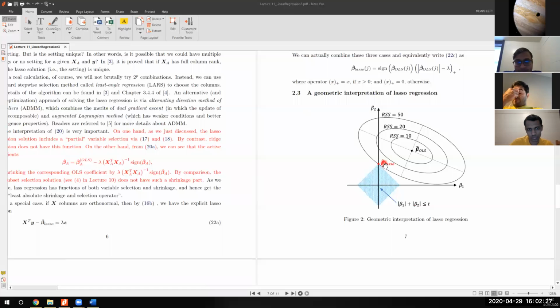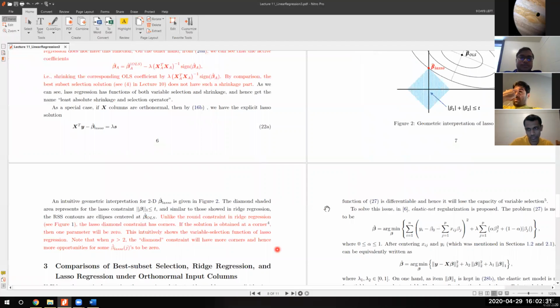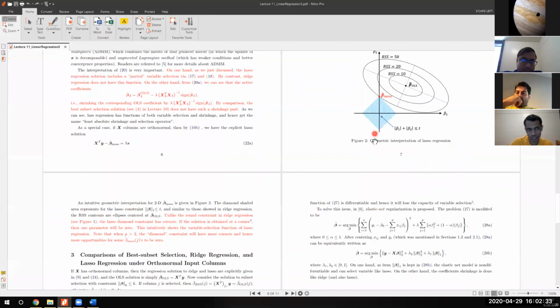Variable reduction. So this very intuitively shows you the power of Lasso regression, which is both variable selection and shrinkage. Okay, everything's here.